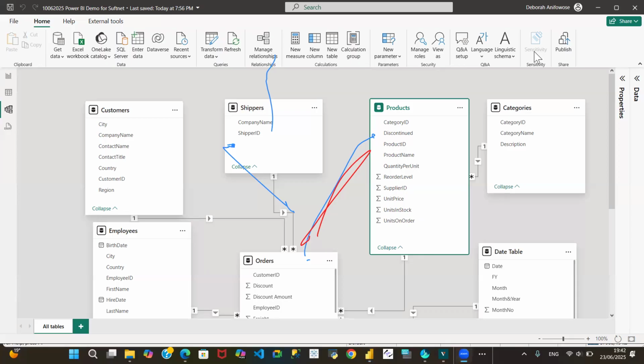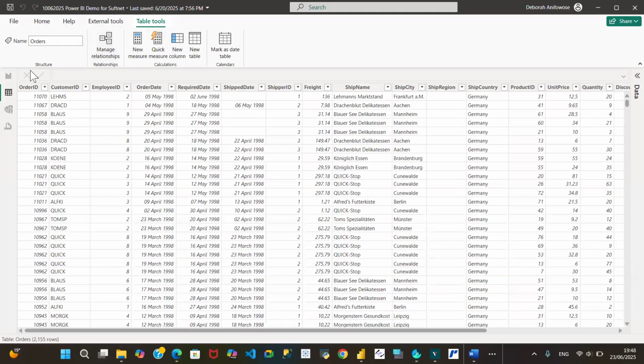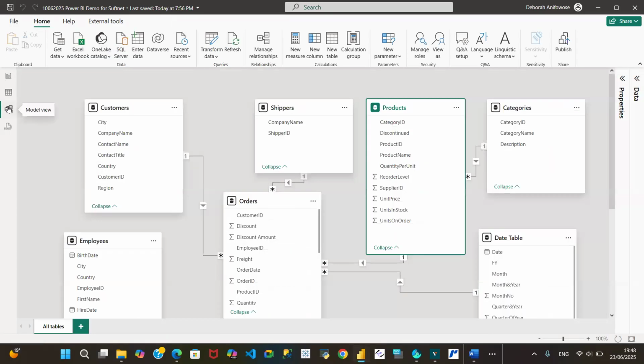Still the table view. I don't know if others are. People, what can you see? I'm currently on report view, and then this is the table view. Nothing is changing. Let me stop sharing and start again. That's interesting. What do you see now? Still loading. Okay.